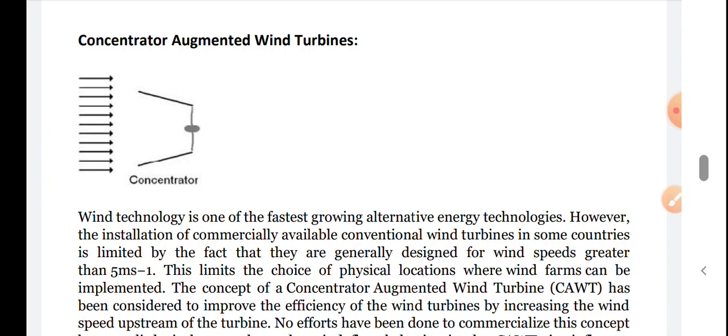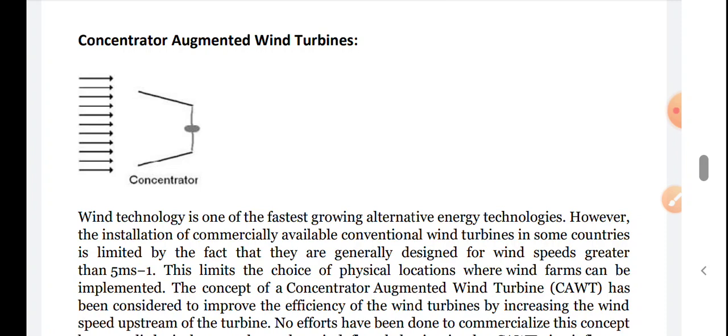And actually there are a few limitations for these concentrators. One limitation is that they are generally designed for wind speed greater than 5 meters per second, and this limits the choice of physical location where wind farms using concentrator augmented wind turbines can be implemented.